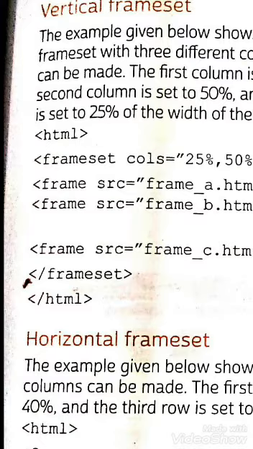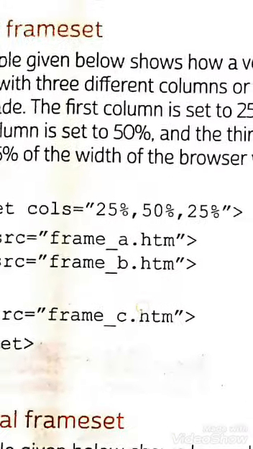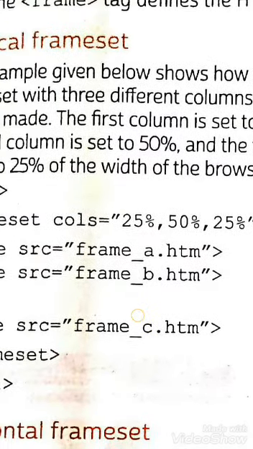That means the first and third columns are equal size, 25%, and the middle column is 50%. So you have to set the frameset. Because we are doing vertical, it is always column, and row means horizontal. So frameset cols equal to 25%, comma 50%, comma 25%. See your textbook.